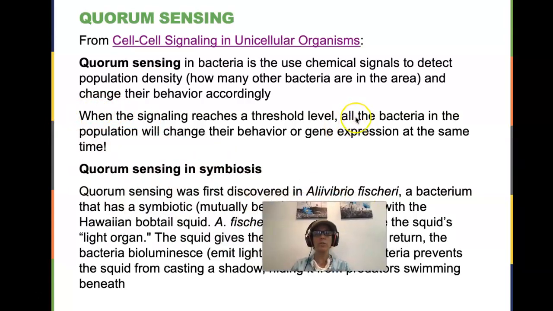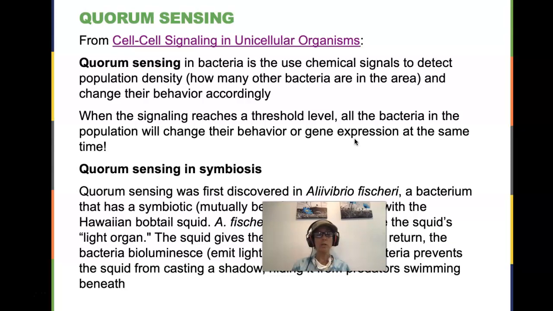So that threshold level depends on the signal, how concentrated, how many of those signal molecules have to be present in order to create that reaction. But then they will change their behavior or gene expression all at the same time. So now these unicellular organisms will behave very much like a school of fish that changes their direction all at once.